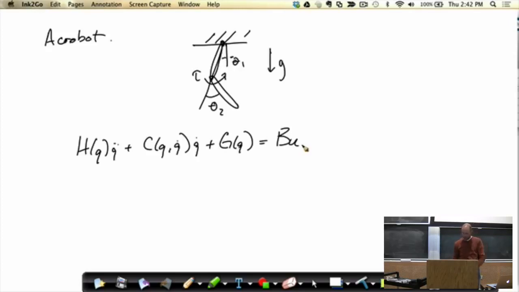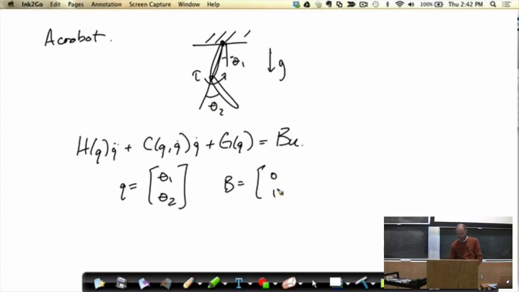In this case, q is going to be just theta 1, theta 2, and B is going to be 0 and then 1. We don't have direct control of theta 1 double dot, but we do have direct control of theta 2 double dot. So it's going to be 0 and 1 because u is just a scalar.